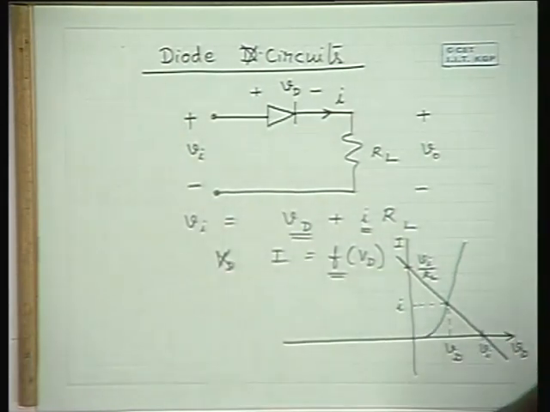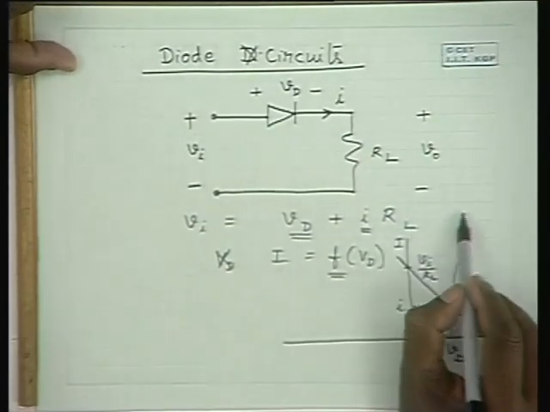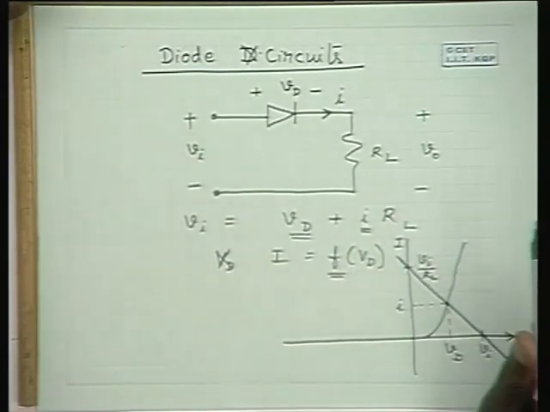Well, this is a graphical method. The mathematical method is another method which is straightforward. That can be obtained by solving this equation and the exponential equation. Okay, so this can also be used.